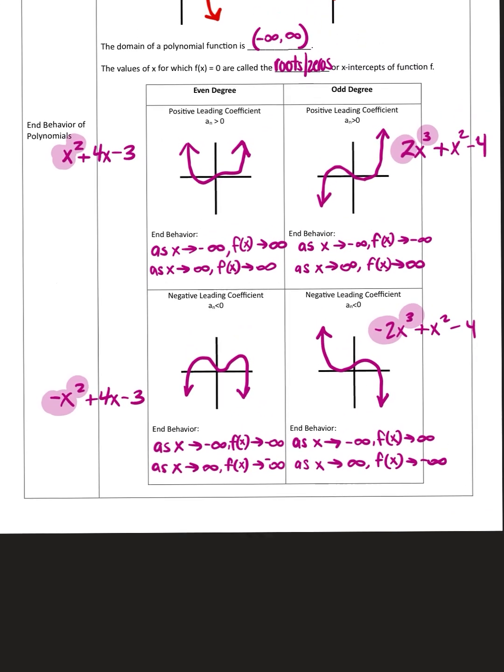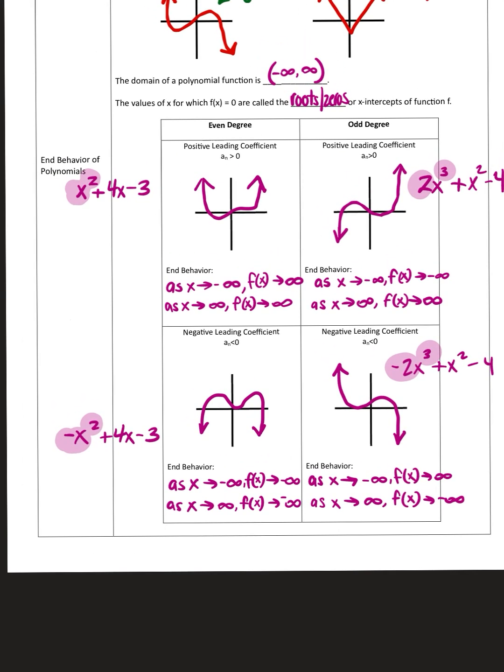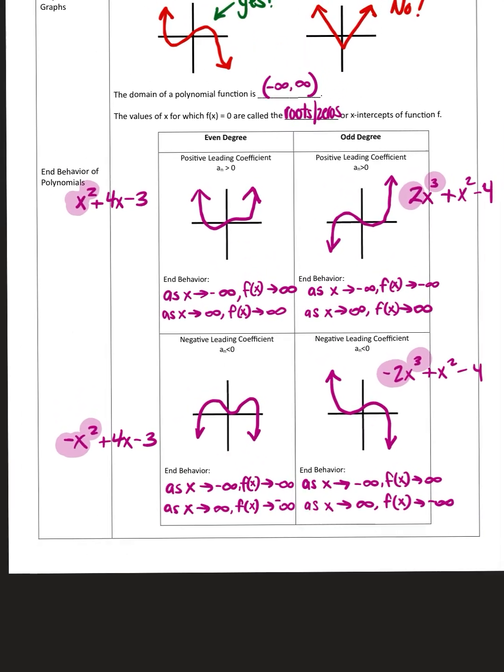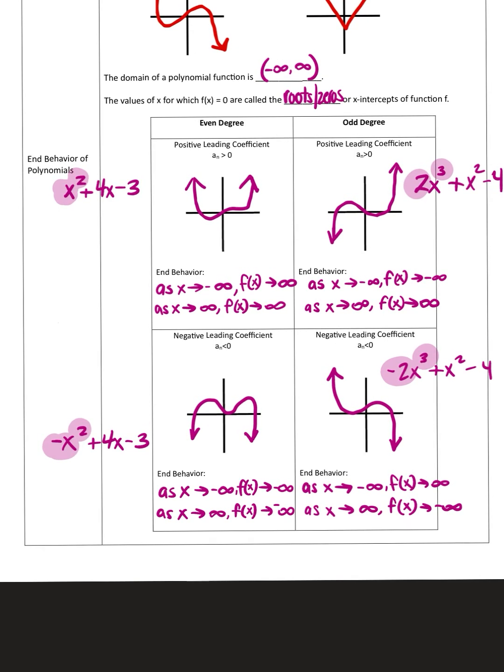Okay, so here is the end behavior of polynomials. It would be beneficial to study this and try to remember this, because once you understand the end behavior and how to notate it and how to identify it in the function, it'll make your life so much easier. Okay. All right. So let's go ahead and hop to the next page.